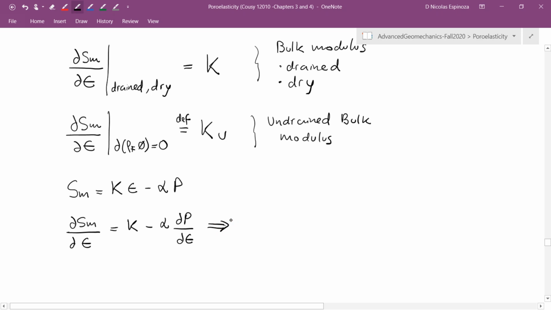what I can do is extend this now for undrained loading.